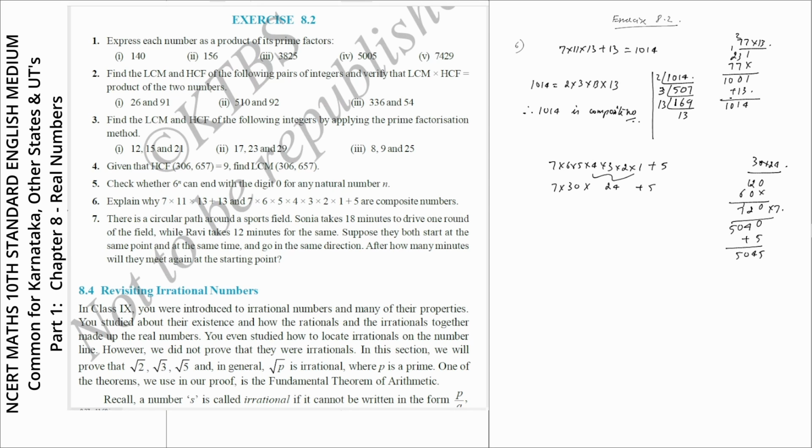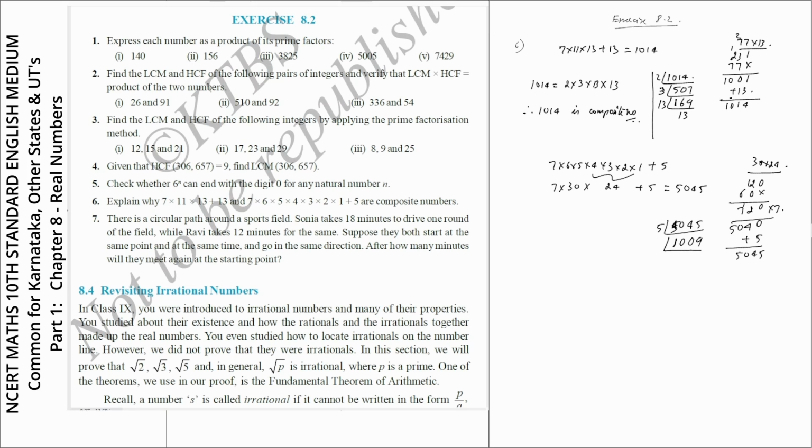So this is equal to 5045. Now if I check the factors of 5045, this is divisible by 5, so 5 ones are 5, then 0, 4 is not divisible, again I'll put one more 0, 45 I'll get 5 nines are 45.